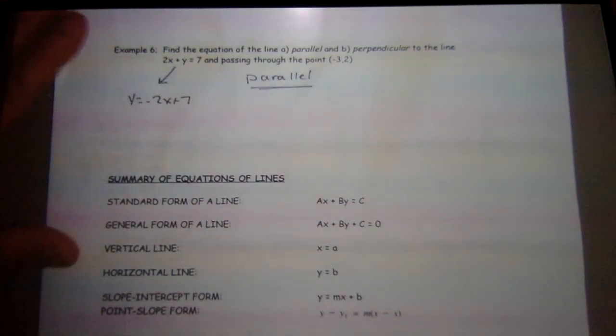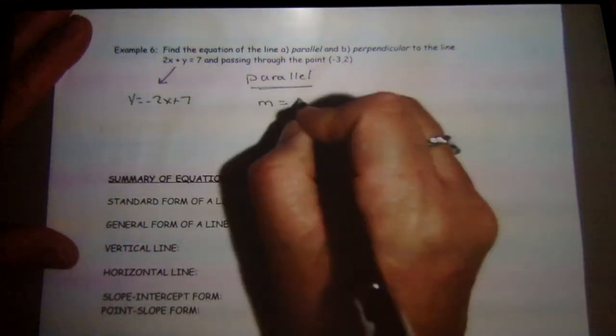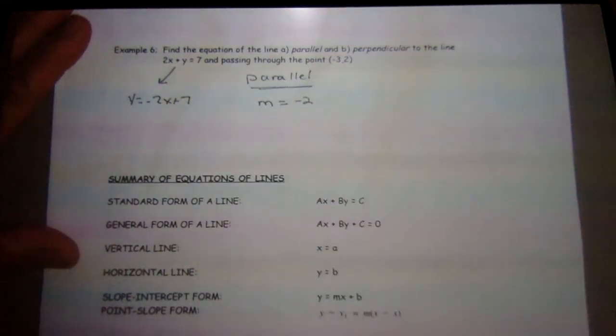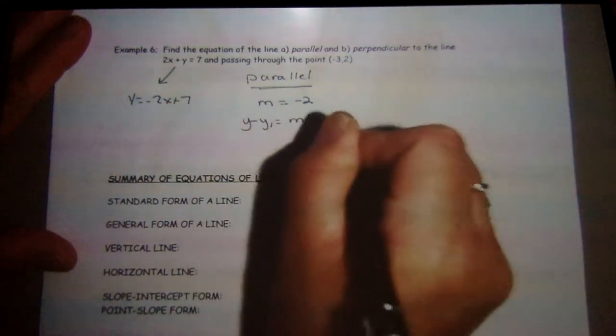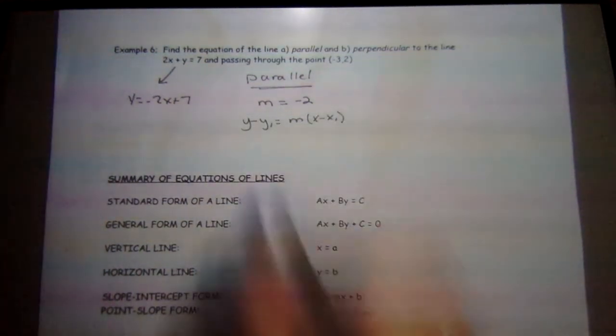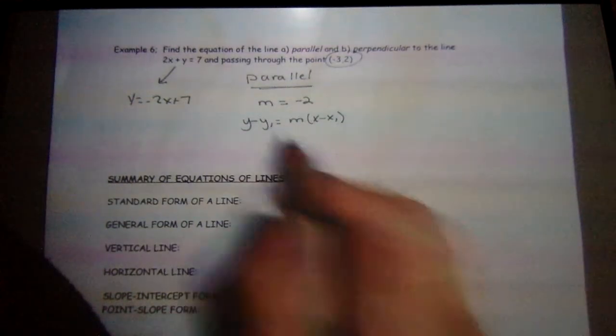Parallel means what? Same slope. So m equals what? Negative 2. We can use that point slope. Y minus y1 equals m times x minus x1. What's our y value of the point? 2.